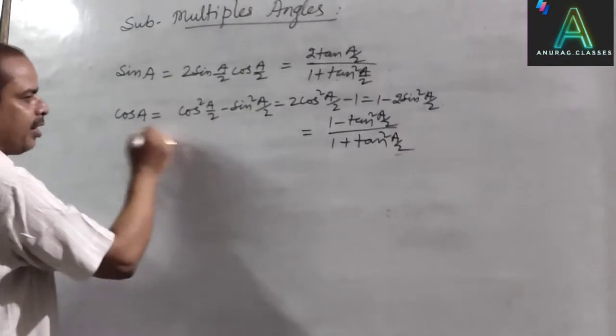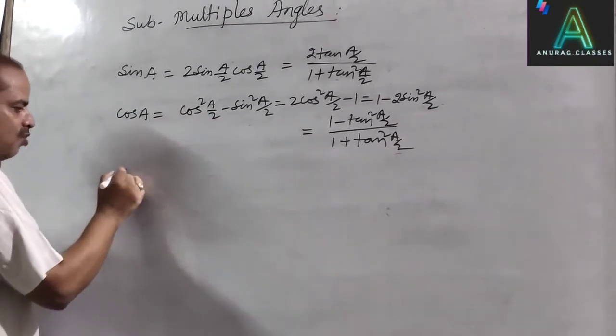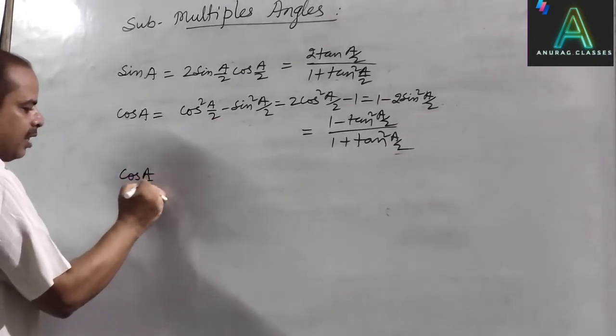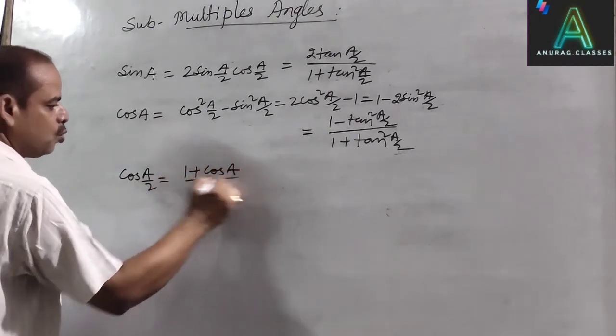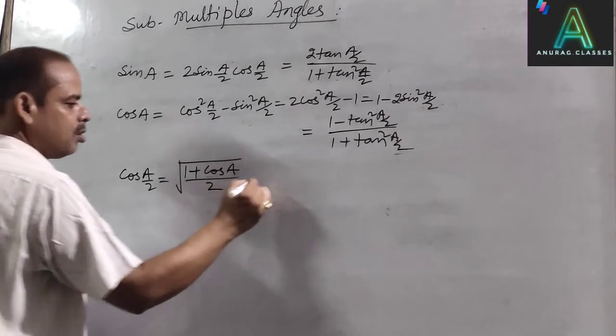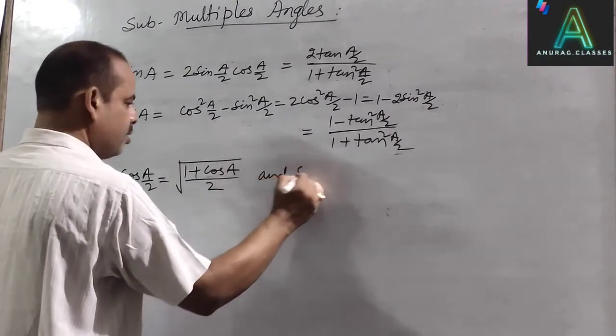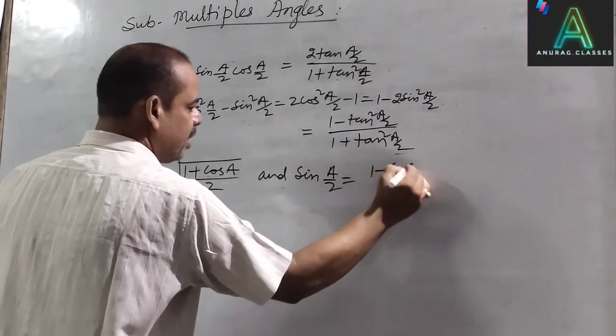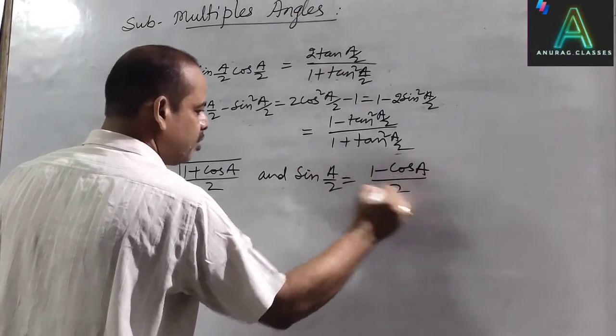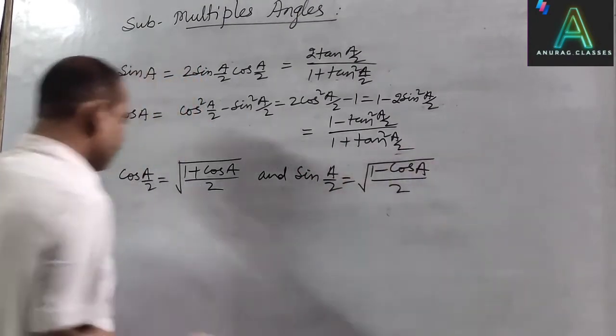Now we can conclude two important results from these formulas: cos A by 2 is equal to root of 1 plus cos A by 2, and sin A by 2 is equal to root of 1 minus cos A by 2.